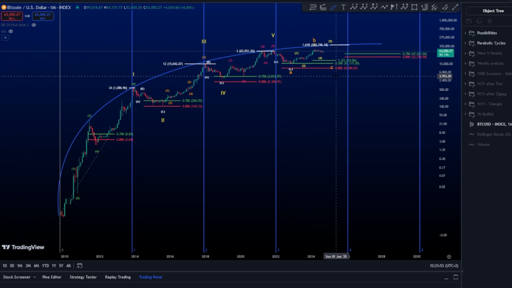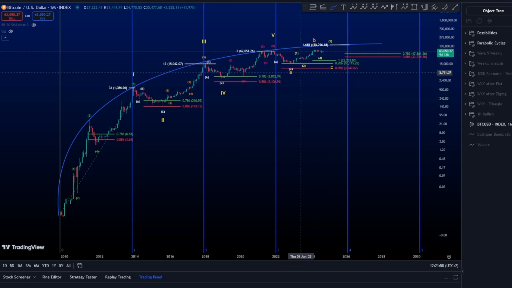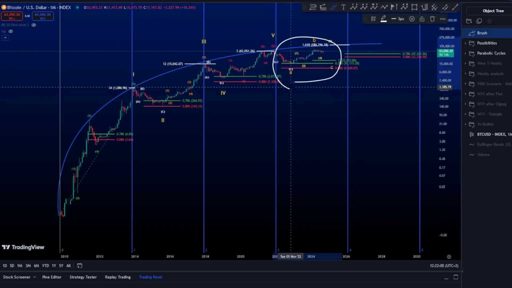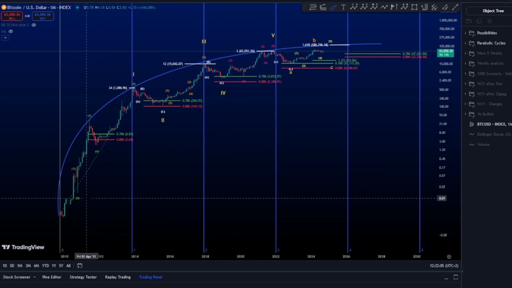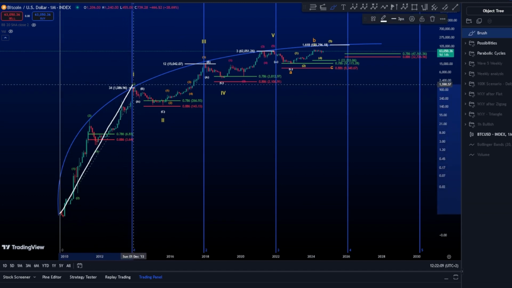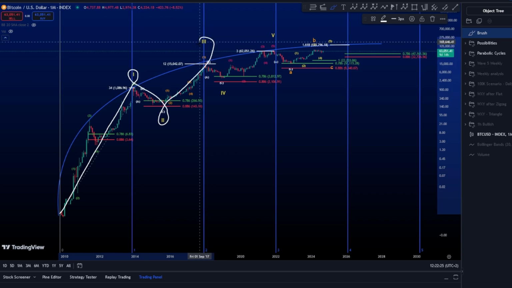Now the only difference in this cycle, because this is the first time that we finish big 5 waves towards the upside, is that when you finish the 3 impulses here, 1, 2, 3, 4, 5, we have finished the first wave 1. Then we got a correction for 3 waves, we finished the wave 2, right? Then we got another 5 waves towards the upside again, and we got the wave 3.